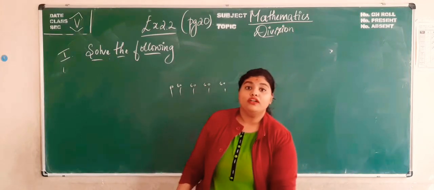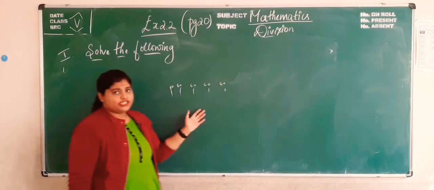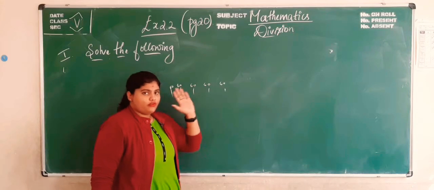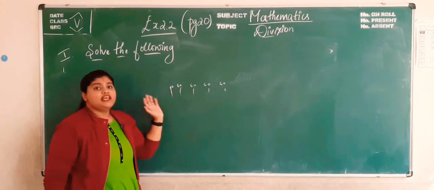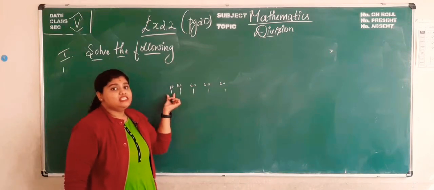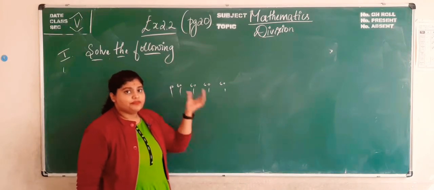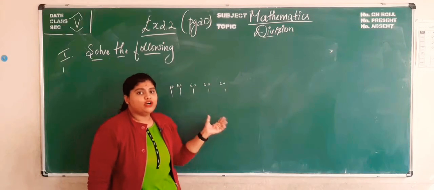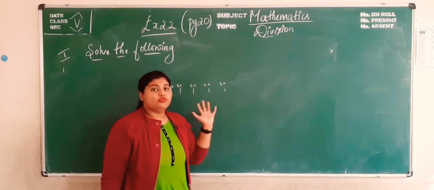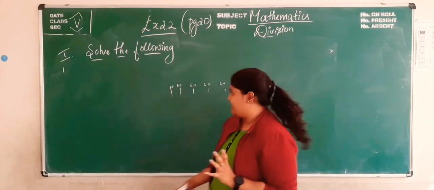So first what we will do, we will find out what is the total number of oranges he plucked from those 82 orange plants.